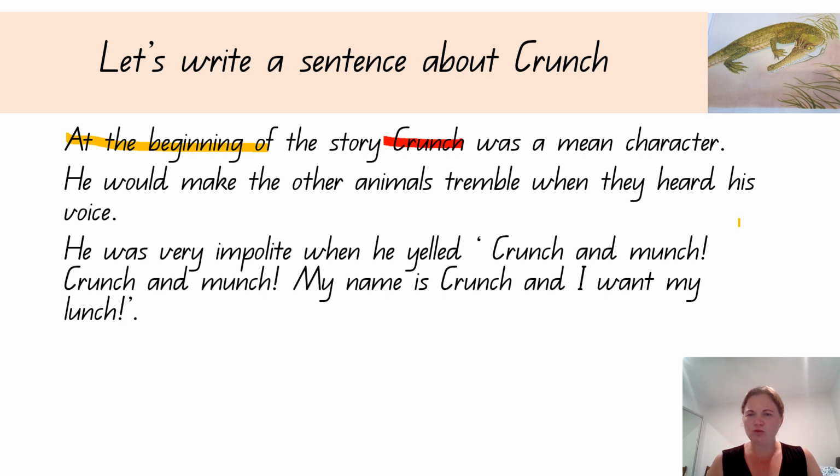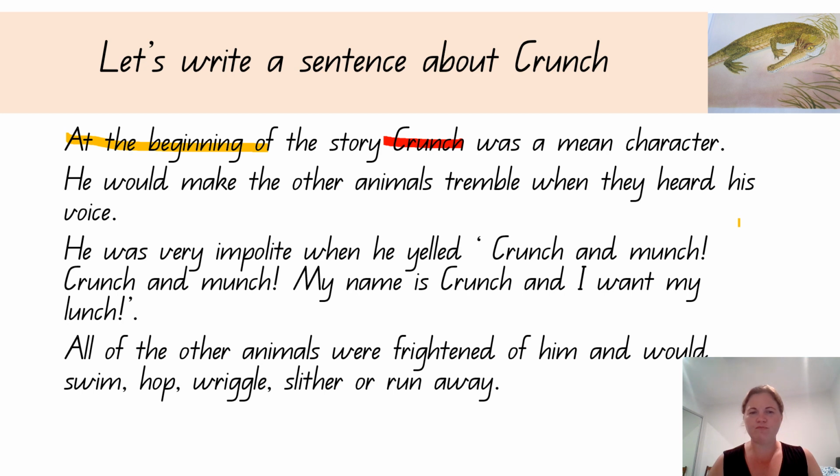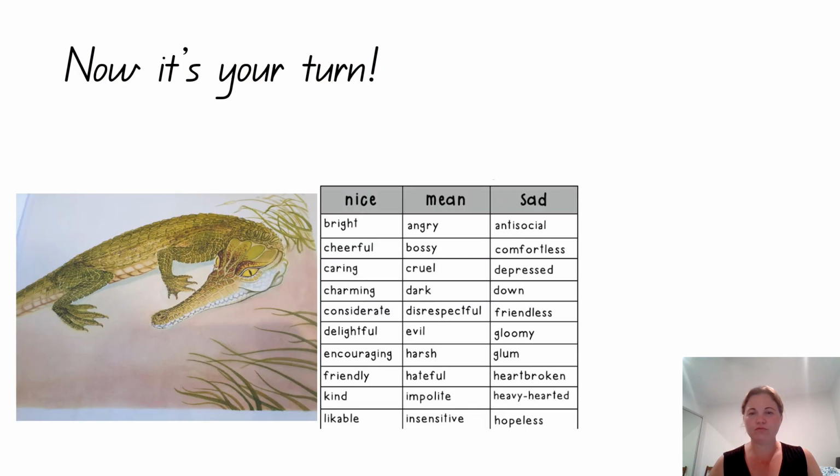My name is Crunch and I want my lunch." I don't think if you were being friendly or nice or kind, you would be yelling out those words. All of the other animals were frightened of him, and they would swim, hop, wriggle, slither, or run away. It told me right there in the story that that was their actions when he was coming near them.